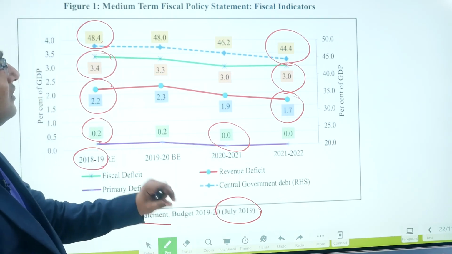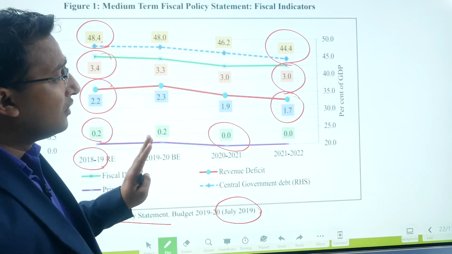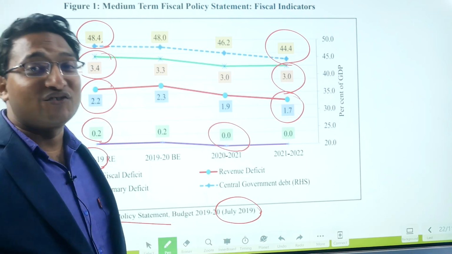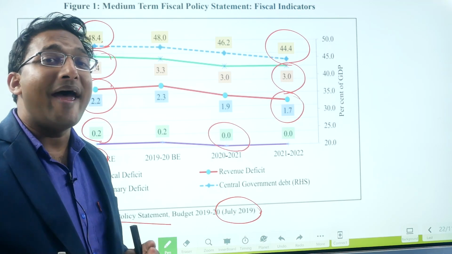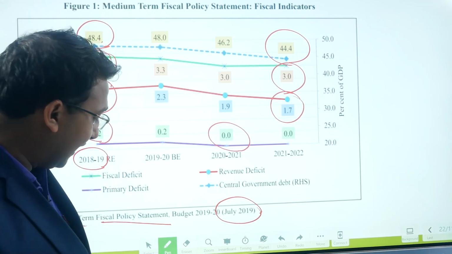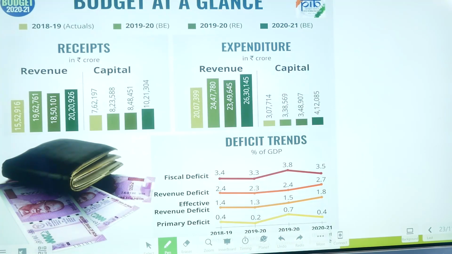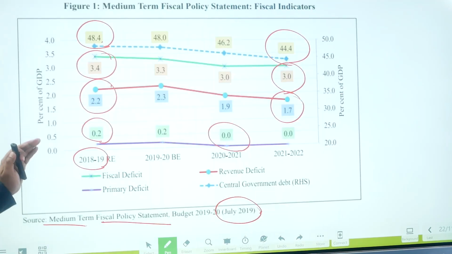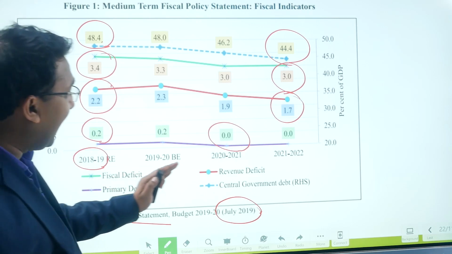But in reality, this could not be achieved. The government has given up on this target because of the bad economic situation which we are experiencing as of now. Now let us see the overall figures considering the previous figure. So in the previous figure you can see fiscal deficit, primary deficit and revenue deficit.